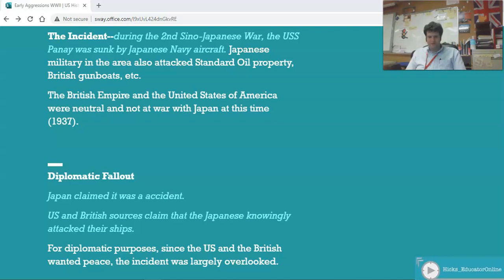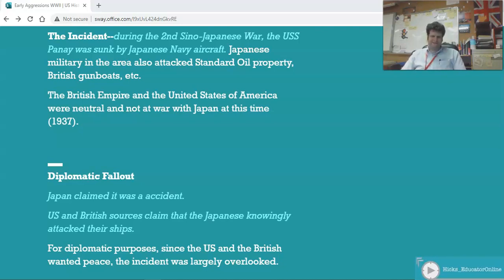The Japanese diplomatic corps stated that the Japanese military had not seen or heard any indication of the ships' owners, and assumed they were Chinese-controlled, and that's why they attacked them. However, the Japanese, trying to be diplomatic, said it was an accident. They took responsibility for this.